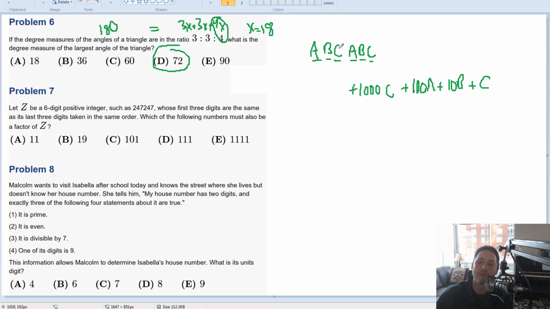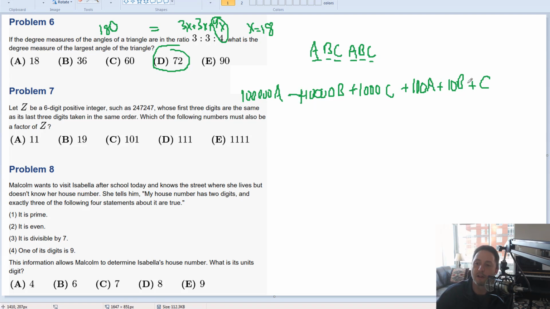Right, because this C represents thousands, and it's going to be plus 10,000 B plus 100,000 A. 1 with 5 zeros A. All right. So this is what this looks like in expanded form.